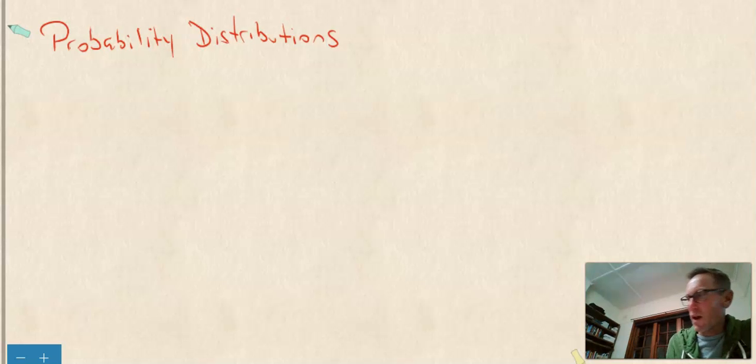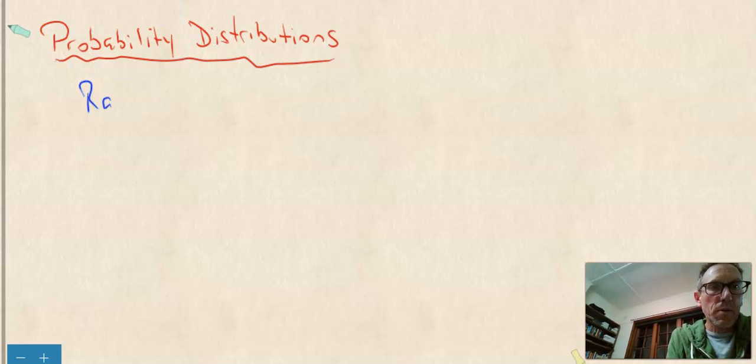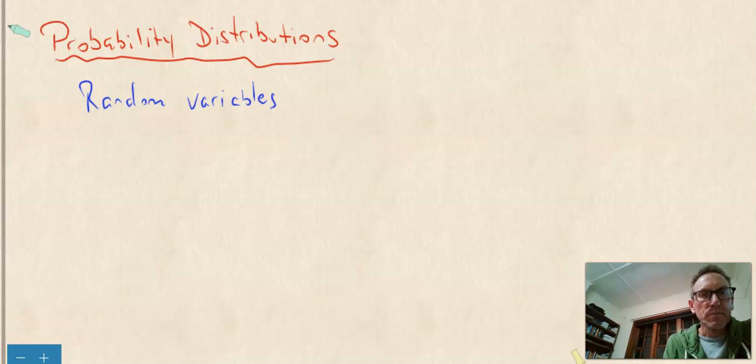Okay, we're going to look at random variables. That's what this is about, random variables. And those random variables, as the title suggests, are variables that can turn up randomly.